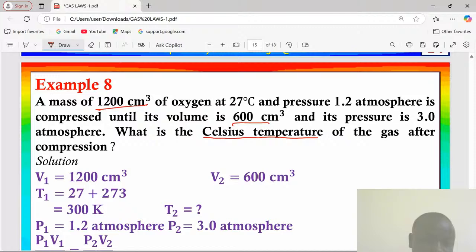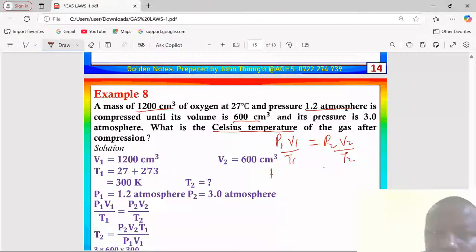Remember, we have said P1 V1 out of T1. P1 is 1.2 atmospheres, multiplied by the first volume, 1200.